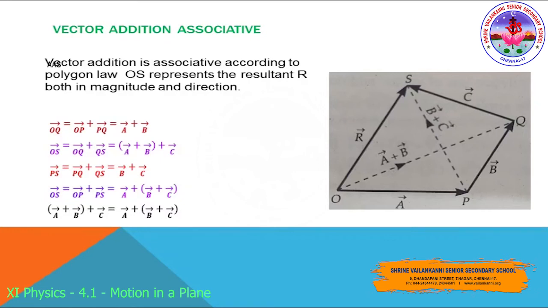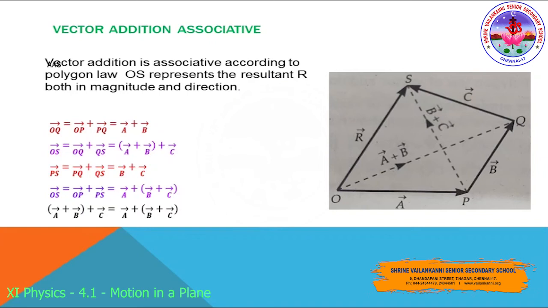OP, PQ and QS of the polygon OPQS. According to the polygon law, OS represents the resultant. Is it right? OS is in the opposite direction, the open side of the polygon. So by using the triangular law of vector addition, we can get the associative property.